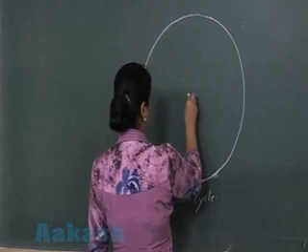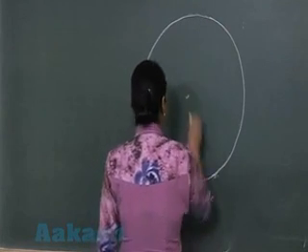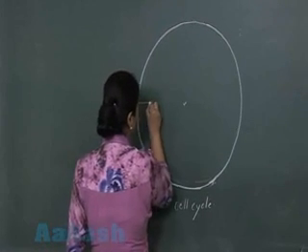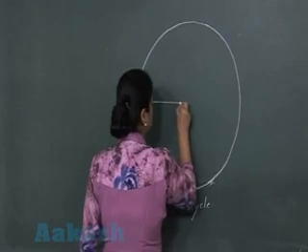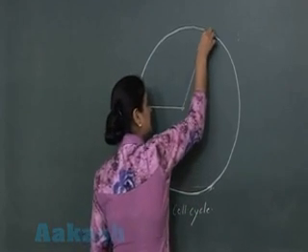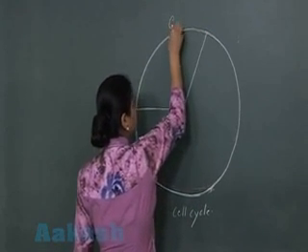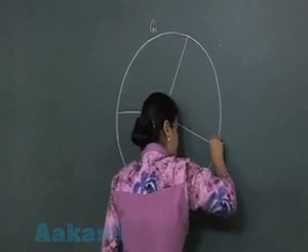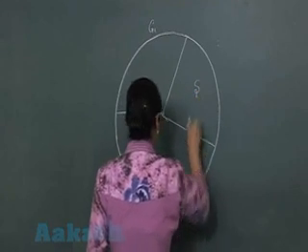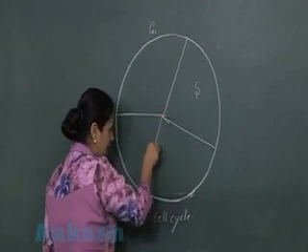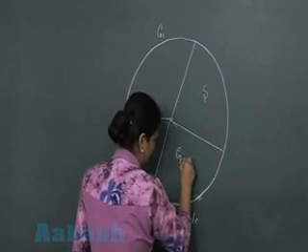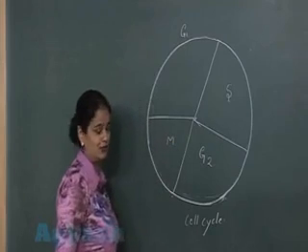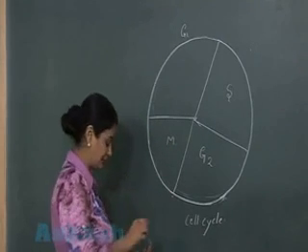You know that the longest phase is the interphase, and within interphase the longest phase is G1 phase. This is G1. Now after the G1 you know there is S phase. So this one is S phase. Now the next one that is G2 phase, and where division happens, that is M phase. So these are the different phases of the cell cycle.